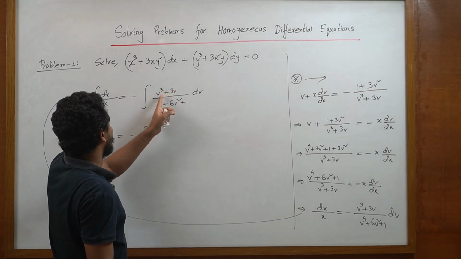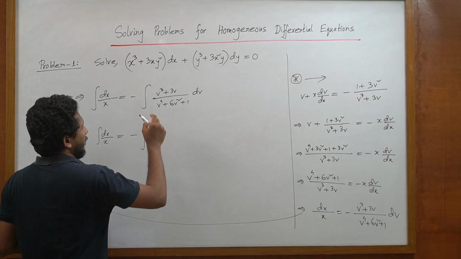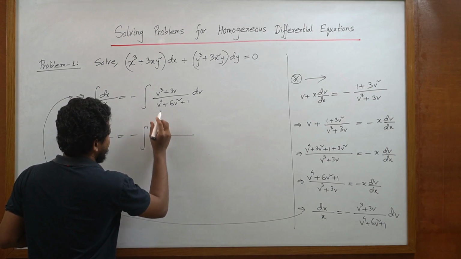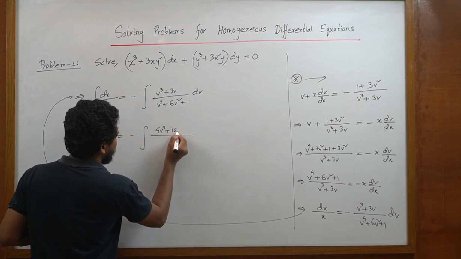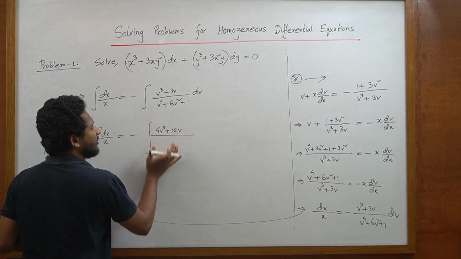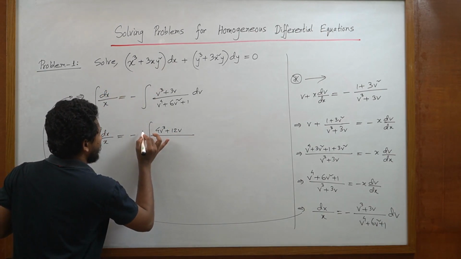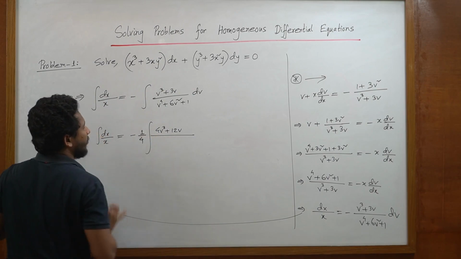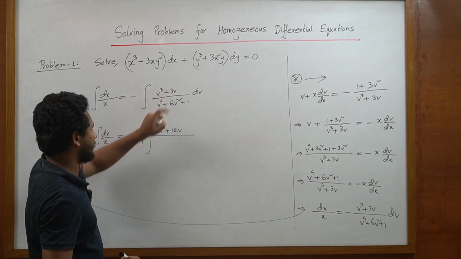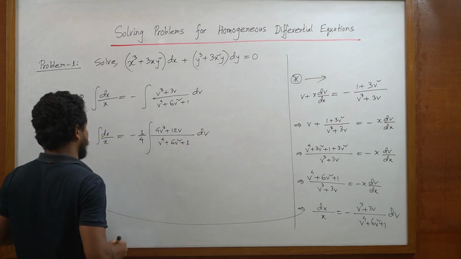But here we will set the numerator with respect to the derivative of the denominator. The derivative of the denominator is 4v³ + 12v, and now we should balance this for forming v³ + 3v. So we should balance by multiplying by 1/4. If we take 1/4, then it is v³ and it is 3v, over v⁴ + 6v² + 1 with respect to v.